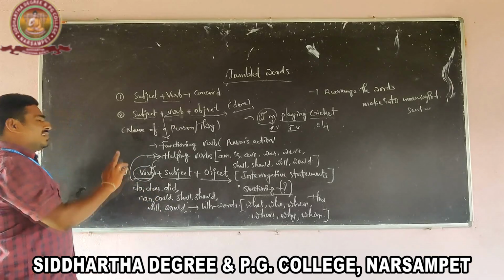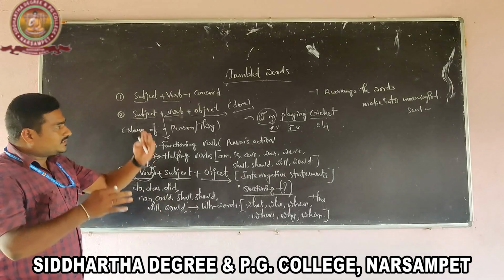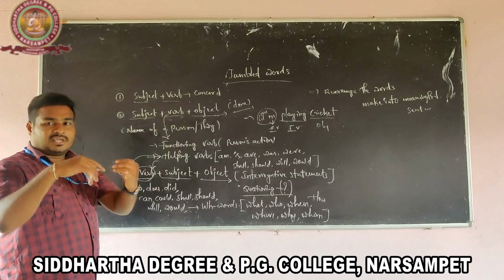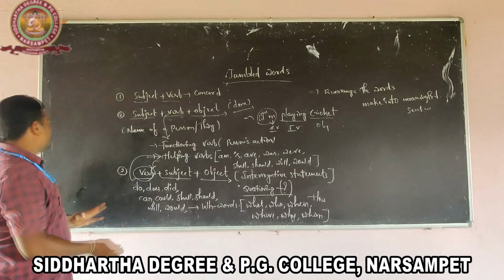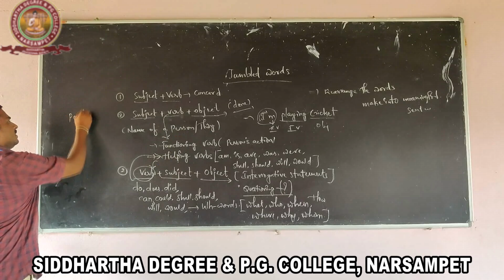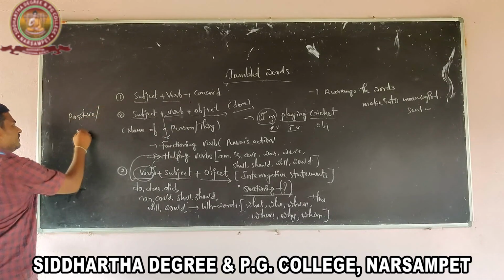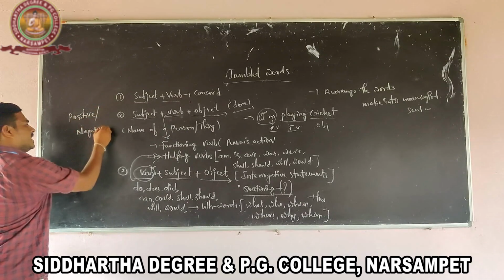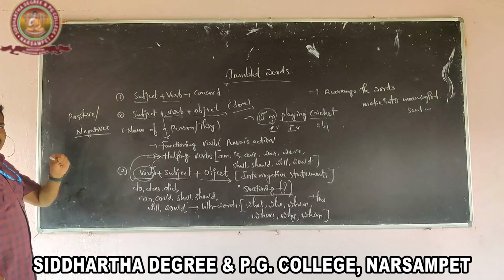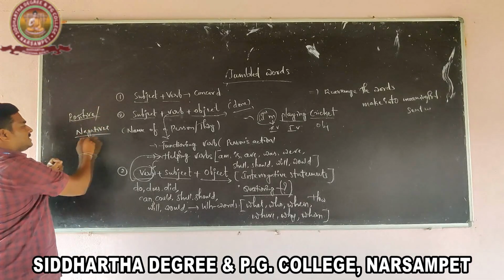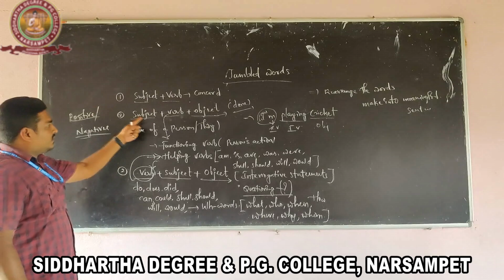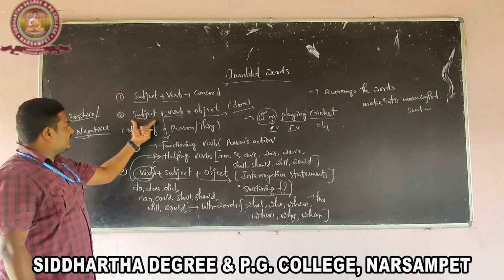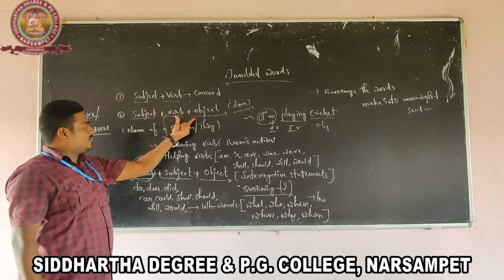And after this, sometimes the words are asked in positive statements and in negative statements. Positive, and the second one is negative statements. So the thing is, how do you identify the positive and the negative? See, in the above structure, the second one is subject plus verb plus object.